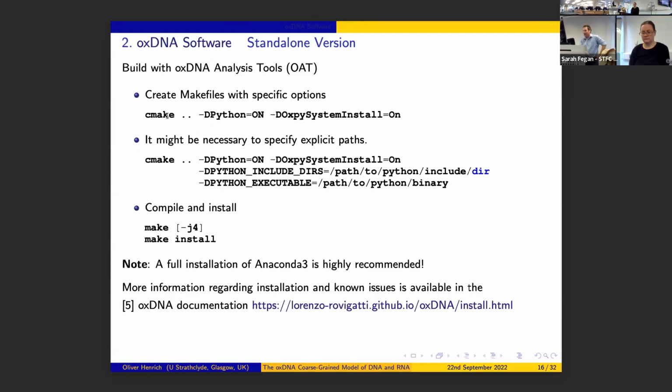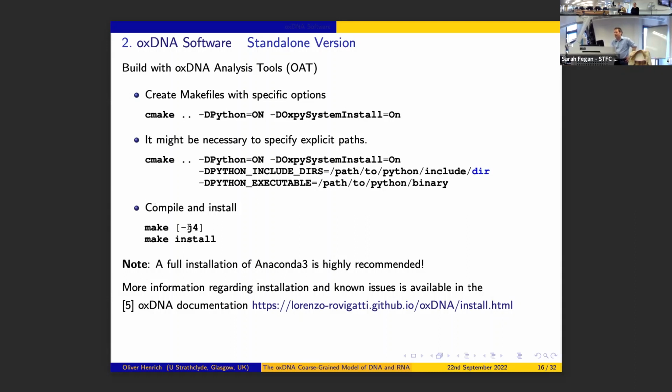In principle, it should be only this, but there's a whole section linked here on known issues. Quite often what you need to do is specify explicitly where the Python is, because of the Python bindings. If you have diverse Python installations or libraries on your system, it won't find the right one by default. You need Python 3.9 or later, so anything older won't do it.